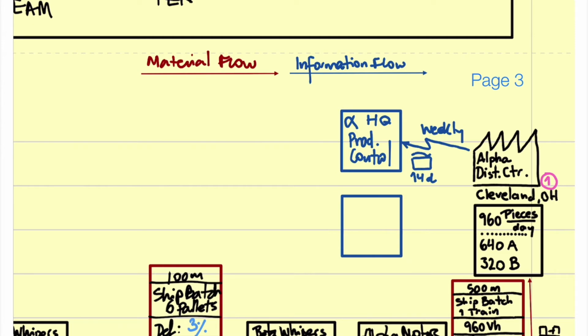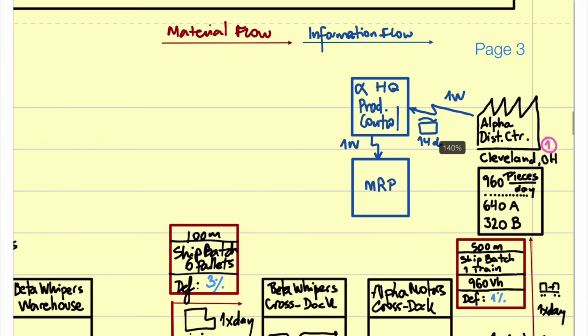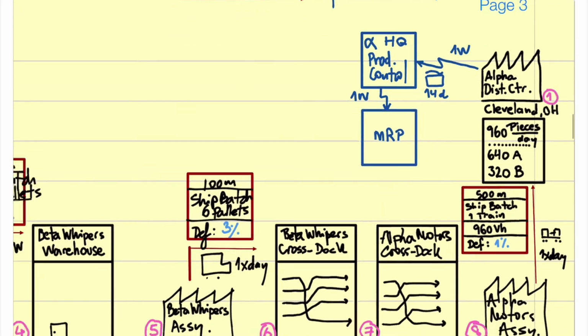On a weekly basis, I paint once a week. And we have some sort of MRP system, which you should know by now what it is. And this MRP system goes to the assembly.